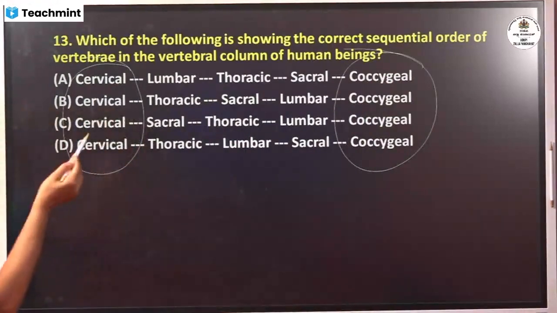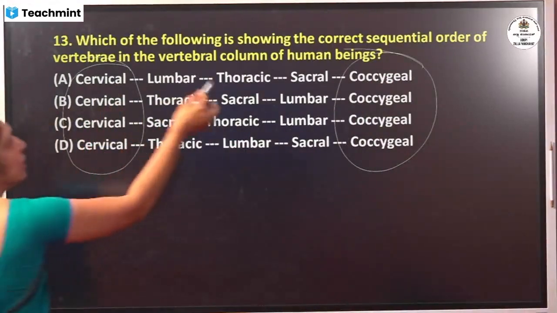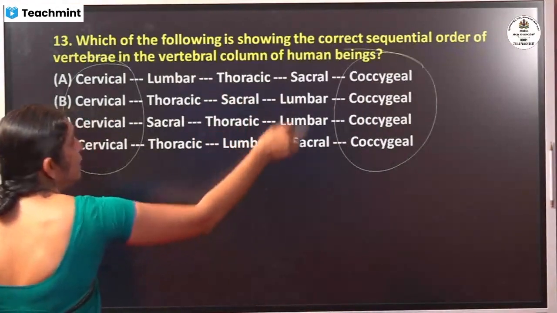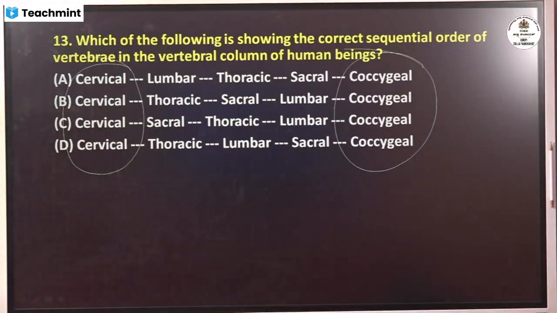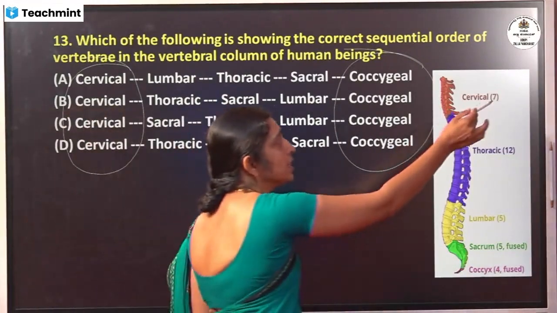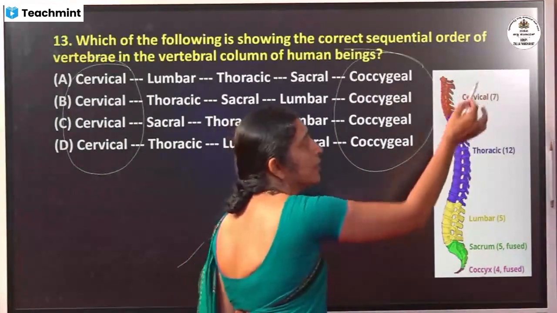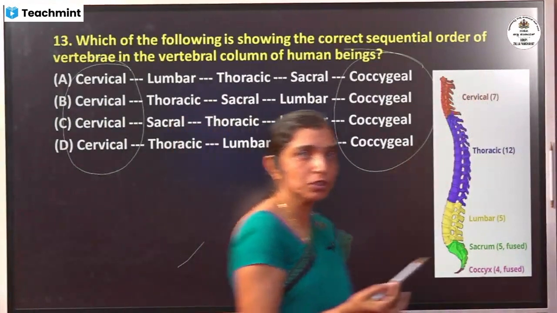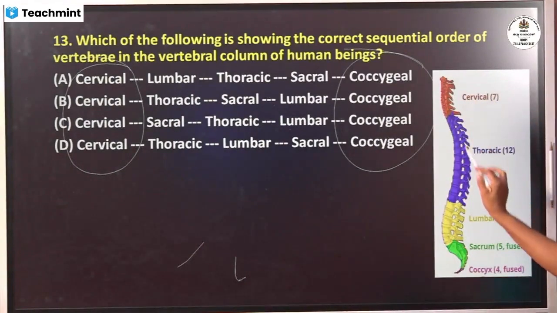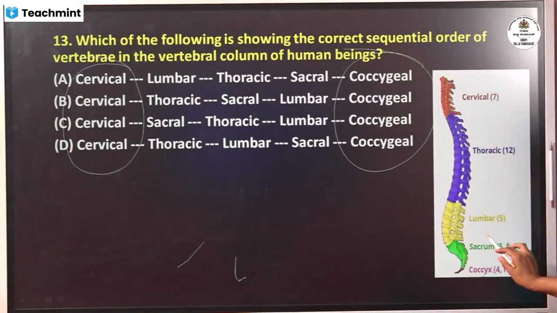So a little confusion comes over here, in the vertebral column, about which comes where. So we'll just see where it is. In the vertebral column, initially we have 7 vertebrae which belong to the cervical region. We have 12 which form the thoracic, 5 which form the lumbar.